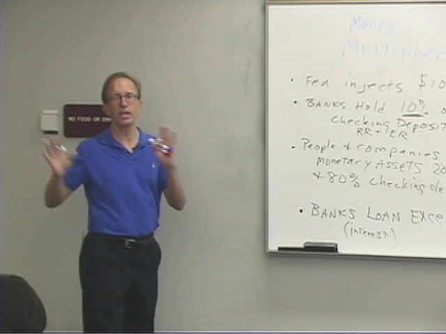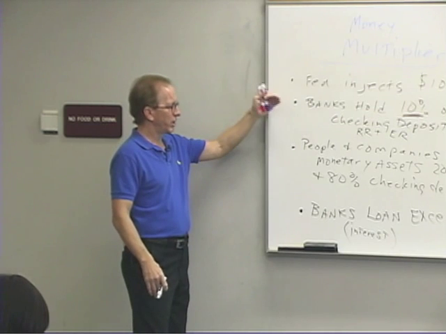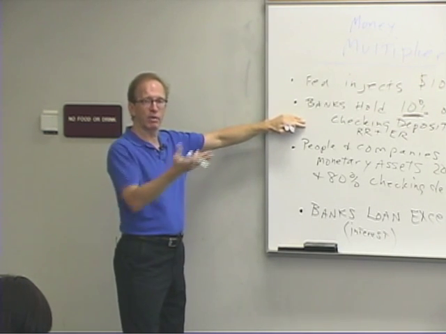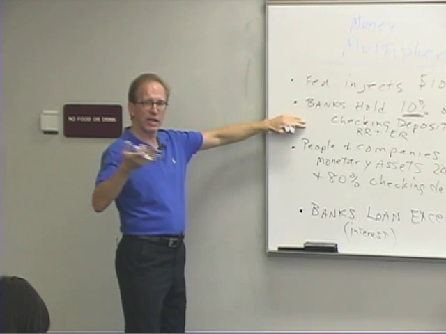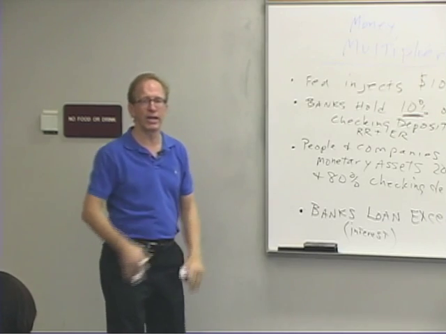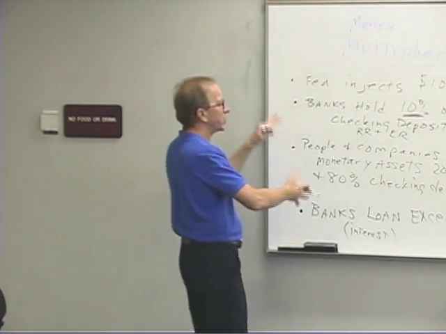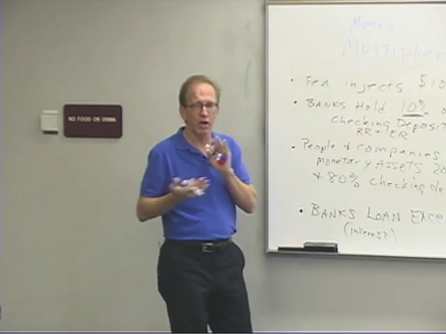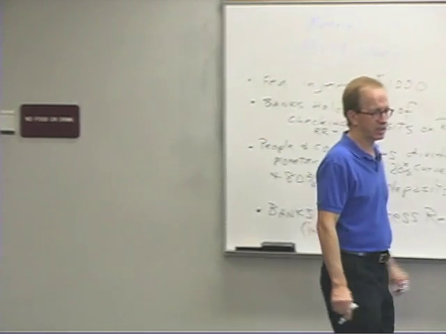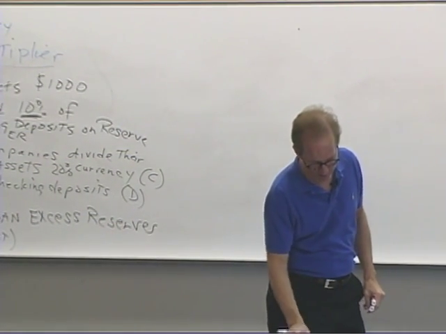That is to say, if you put $100 in the bank and bankers hold 10% reserves of that $100, then there's $90 of the 100 that's an excess reserve that they say, I'm going to loan that out. Okay? So this will motivate, this will underlie everything we do. Okay? And if you see me make a mistake on this, you be sure and tell me.